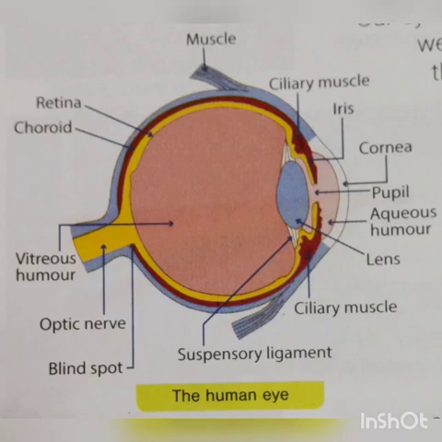Now, in the blind spot there are no rod and cone cells, where the optic nerve leaves the eyeball. So if any image is formed on this portion of the retina, then no signal can be sent to the brain, because no rod or cone cells are there and no image can be formed. That is why this spot is known as the blind spot of the eye, students.